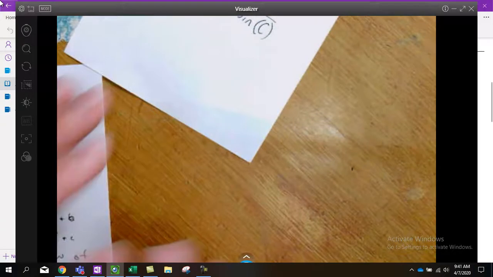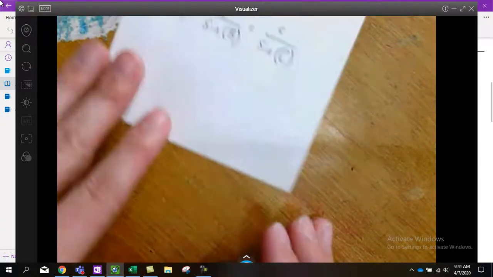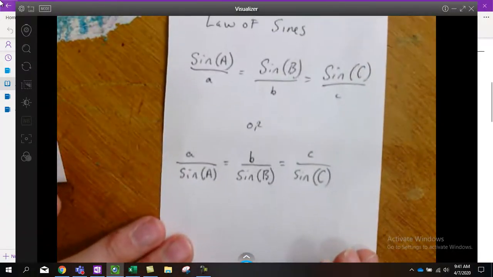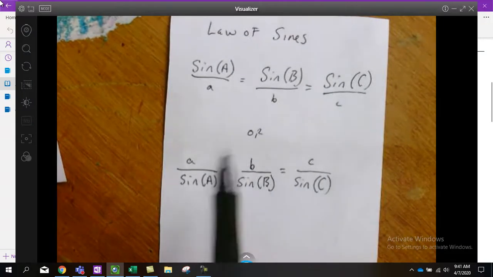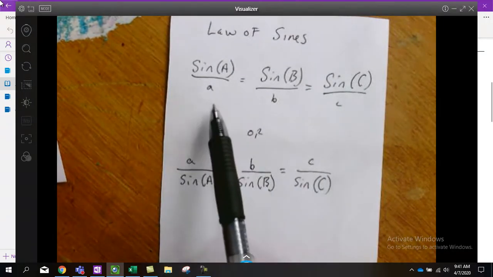Now, the law of sines, I'm going to put this up here. I'm going to try to explain it, and you can pause if you need to write it all down. No, you're not required to memorize this for the test. This will be given to you on the test, but it is something you want to have in front of you and want to understand the basic structure of.